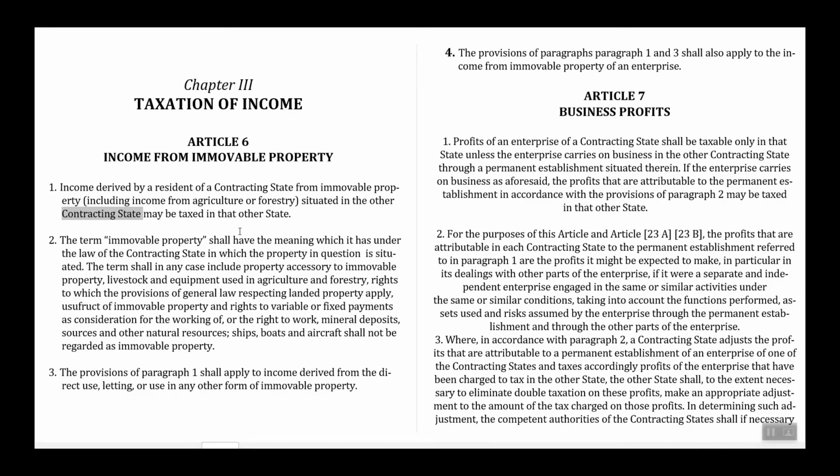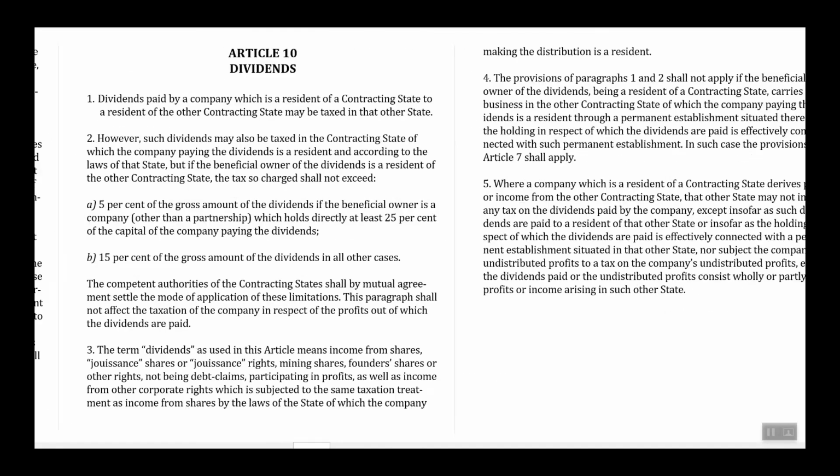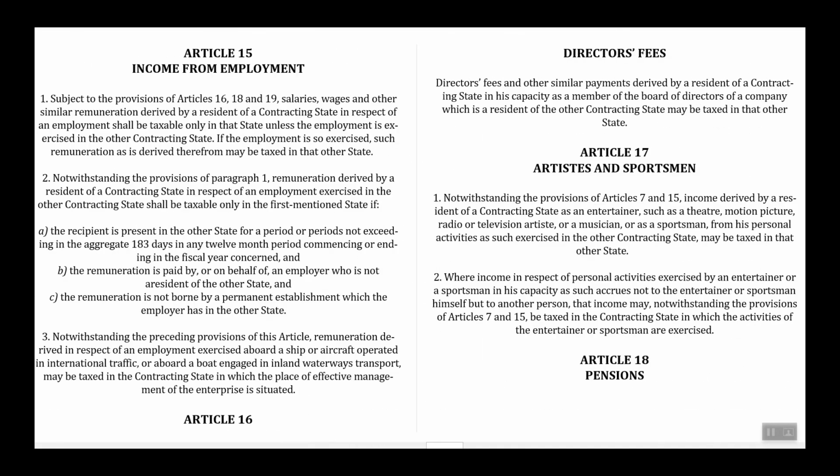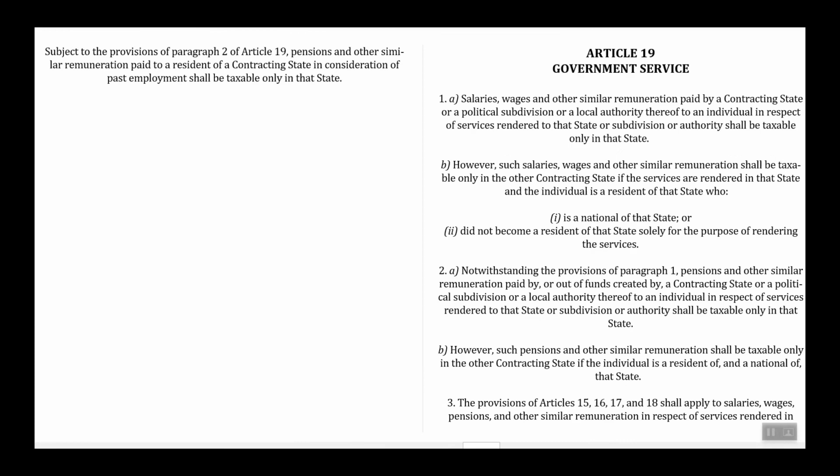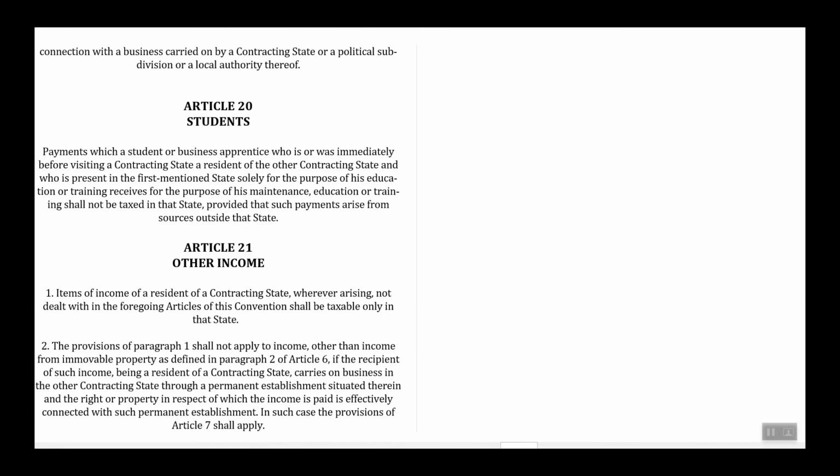So if we don't find another article, our case would be uncovered. So double taxation would occur probably. And fortunately, we can do what experts always do: turn pages. Page, page, page, page, interest, royalties, directors' fees, sportsmen, pensions, government service, students, but other income.